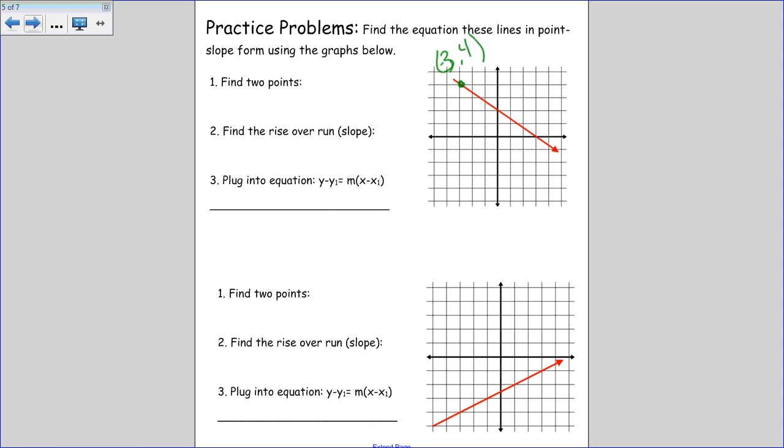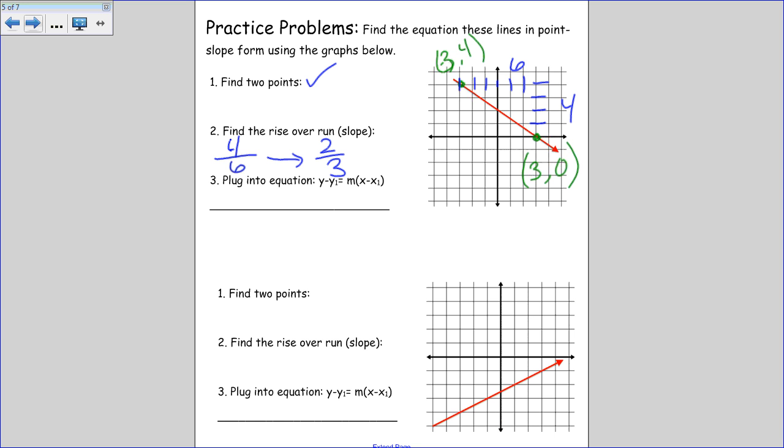Let's use this one here, my x-intercept, which is 3, comma 0. Okay, so I found 2 points. Now I need to find my rise over my run, or my slope. Well, between these points, I have to rise 1, 2, 3, 4, and I run 1, 2, 3, 4, 5, 6. Okay, so I have a slope of 4/6, or I could say 2/3.